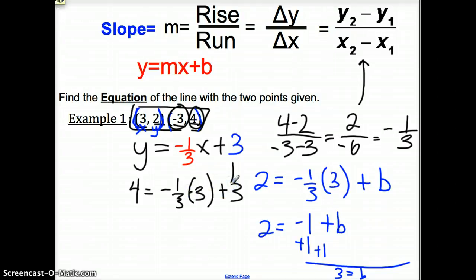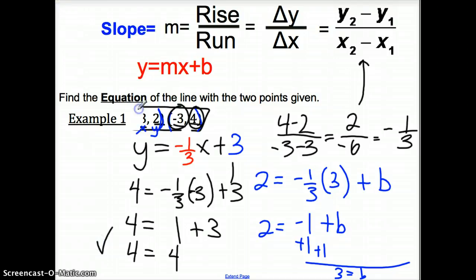And I'm going to see if my rule works for my second point. So let's see, 4, is it equal to, negative times a negative will be a positive, so it's going to be +1. If I'm not sure, I can use my calculator to verify that, plus 3. Look at that. On the left, I have 4, and on the right, I have 4. So that means my equation is correct.